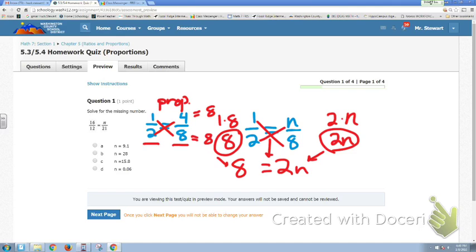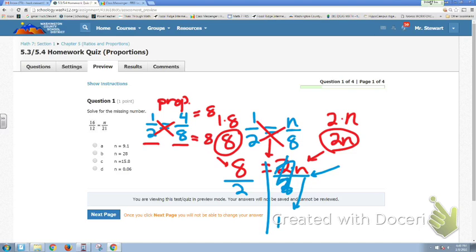Identify where the variable is. It's here on the right. And I remember that 2 next to a variable is just multiplication. I undo this operation by doing the inverse of that operation, or in other words, division. If I divide both sides by 2 to keep it balanced, that's going to cancel the 2 divided by 2 out because that goes to 1.